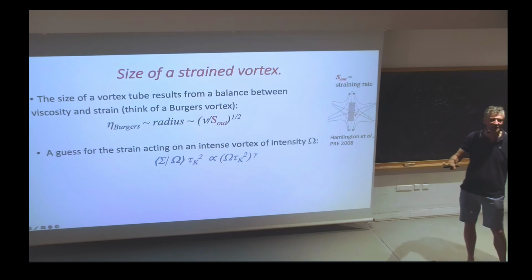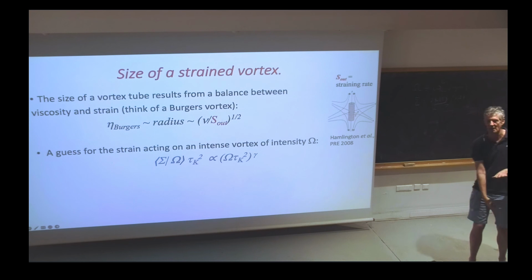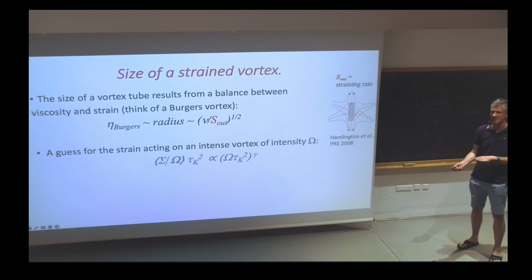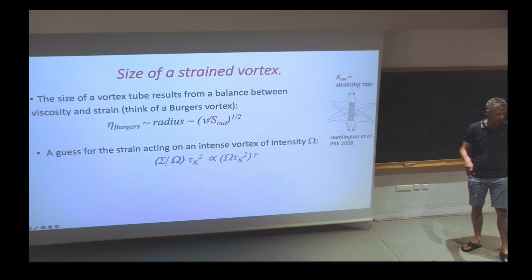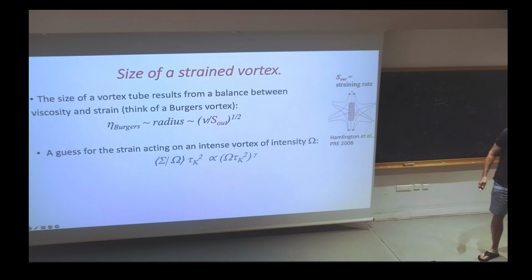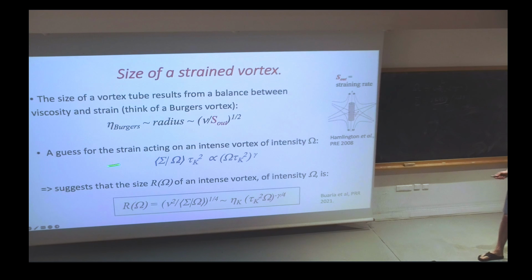I'm sorry, that one I swept under the rug, but that's effectively the smallest time scale that you may have in the problem. And when you do that, you can start doing back of the envelope calculations, and effectively estimate the size of an intense vortex of intensity omega. And that's what you find.